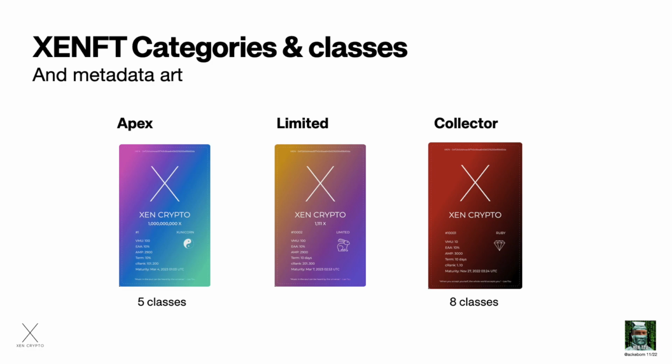So the metadata art is a very important manifestation of this NFT value. All different categories and classes will bear a distinct art capturing various aspects of the XENFT value. Now I will go into the depth of what these different categories are and what the conditions are for their individual issuance and acquisition.